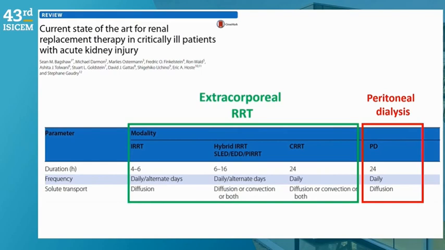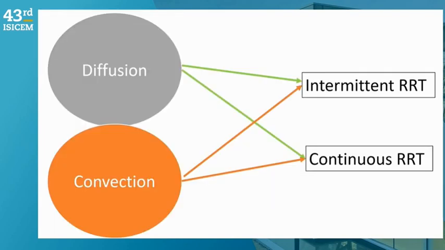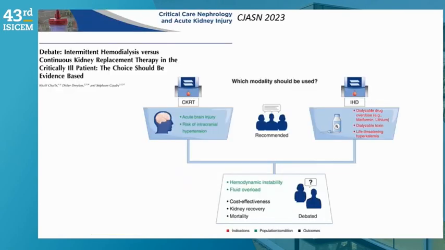We will now discuss intermittent or continuous. You have a lot of choice: you can use diffusion, convection, and both can be used with an intermittent machine or a continuous machine. If we want to summarize this question, which modality should be used in our patient in the ICU?